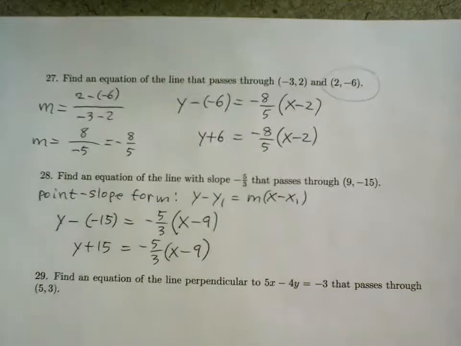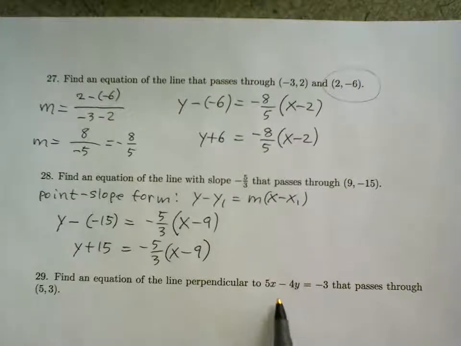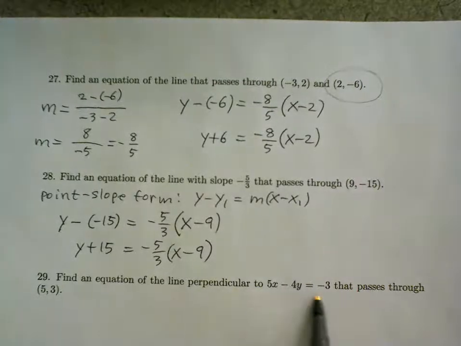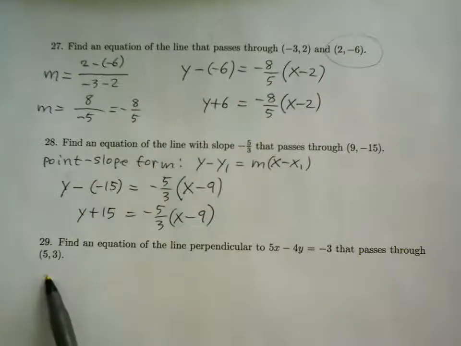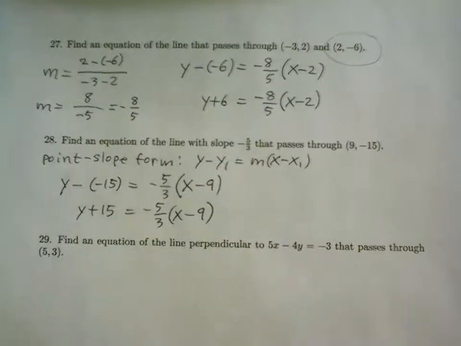Okay, number 29. Find an equation of the line perpendicular to the line 5x minus 4y equals -3 that passes through the point (5, 3).